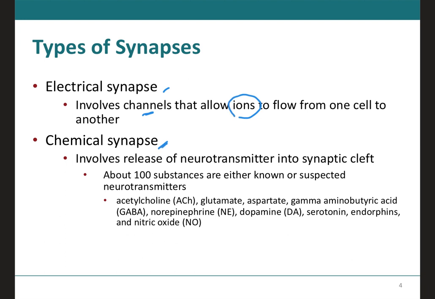The chemical synapse involves neurotransmitters or hormones that are released into a space between the presynaptic neuron and the postsynaptic neuron or the effector organ. We have about 100 different types of substances that can be classified as neurotransmitters. Here we have some that are listed. And these are either excitatory or inhibitory. We will talk about what it means to be excitatory or inhibitory in the next few slides.